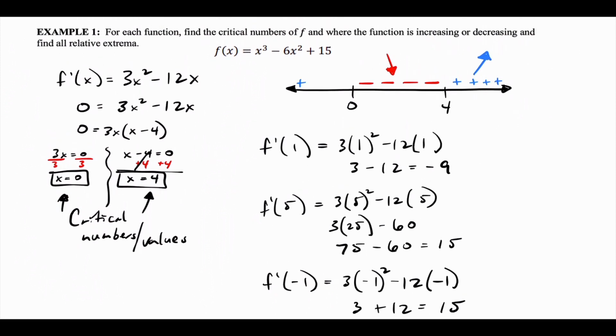So that means everywhere before 0, less than 0, the function was increasing. Between 0 and 4, the function was decreasing. After 4, it's increasing. So the function, if I were to graph it, would look like this. Increasing, gets to 0, decreasing, gets to 4, increasing.